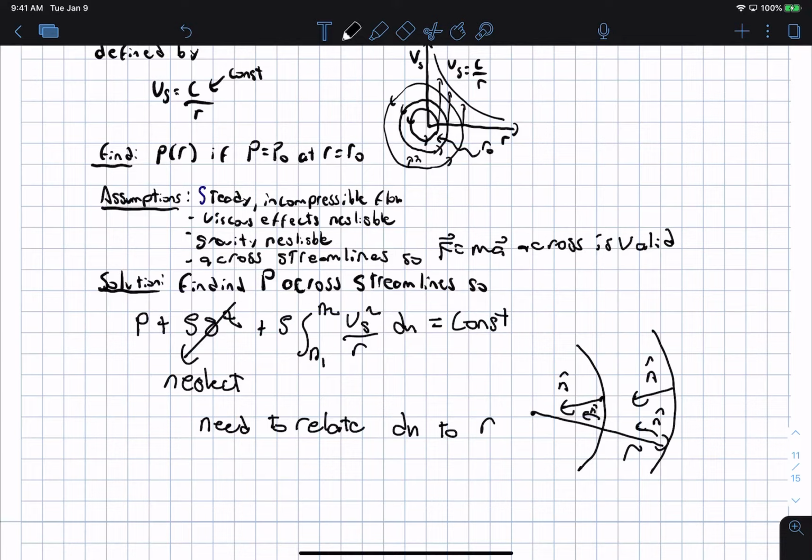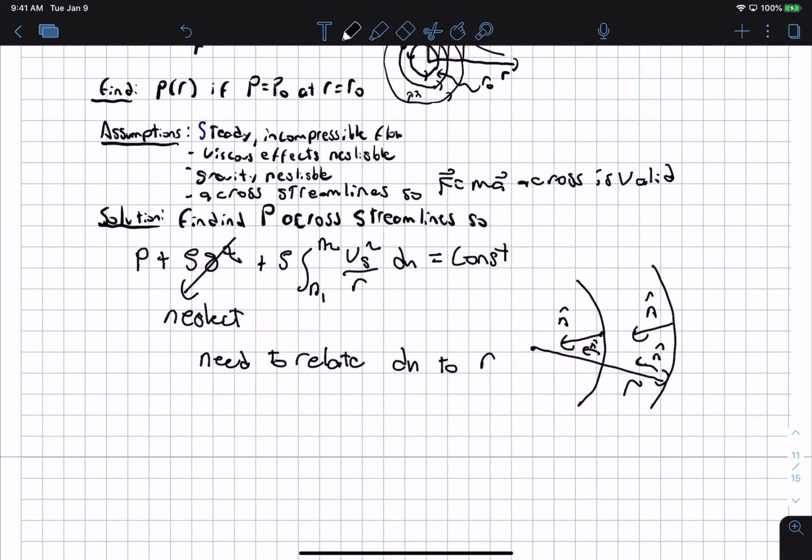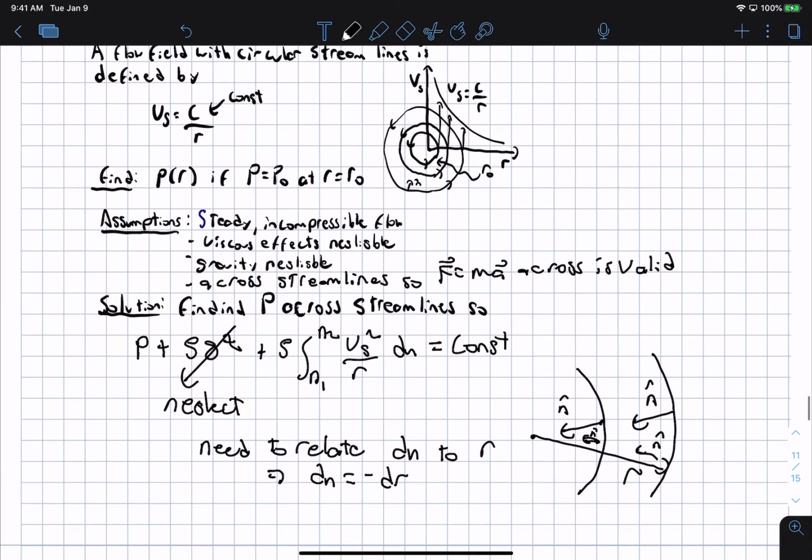So we have that n hat and R basically point in the exact opposite direction. So we can conclude that dn equals minus dr. And the reason we have to do that is because we know Vs as a function of R and not n.